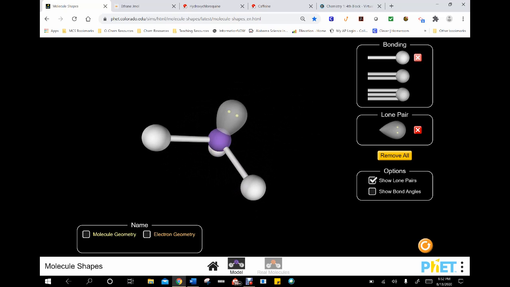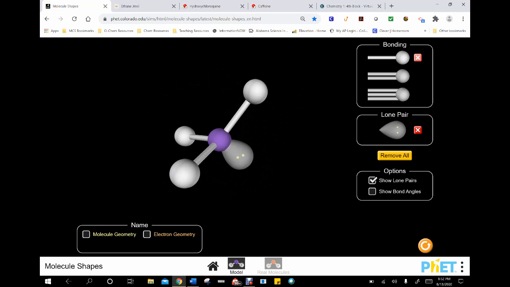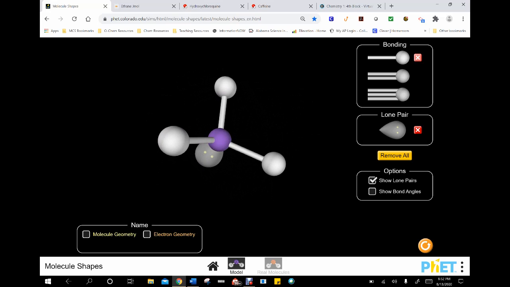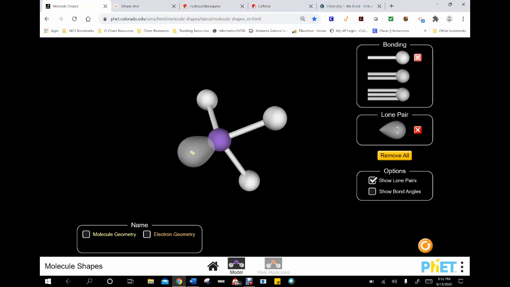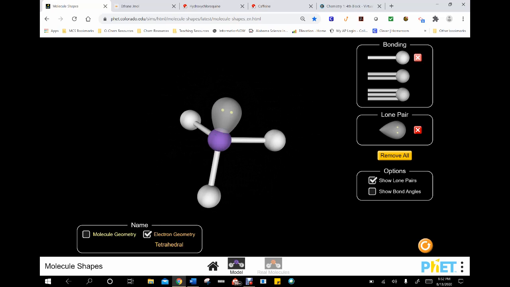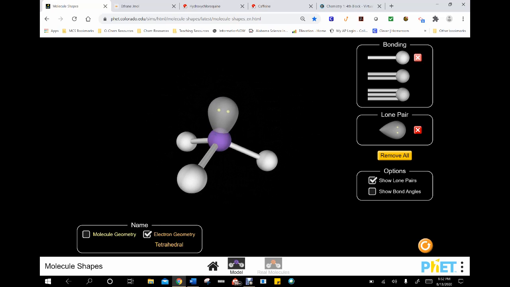So now what we have surrounding our center atom is a total of 4 electron regions. So electronically, it's tetrahedral. There are 4 regions. However, one of those regions is a lone pair, which means those 3 bonding areas are going to be repelled downward into a pyramid shape. So if we're just looking at the overall shape of the bonds, it's going to be trigonal pyramid.